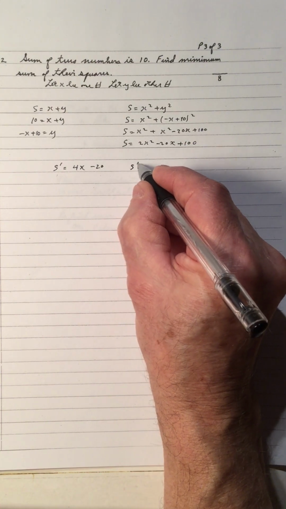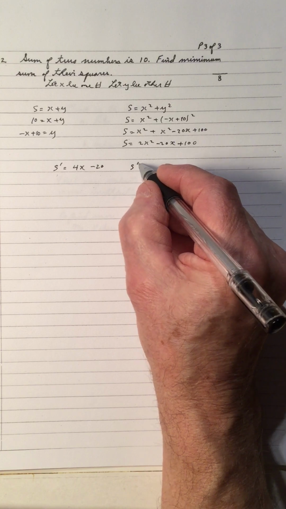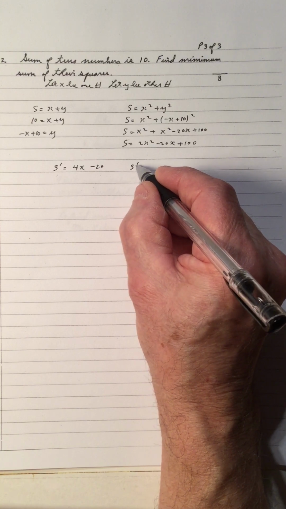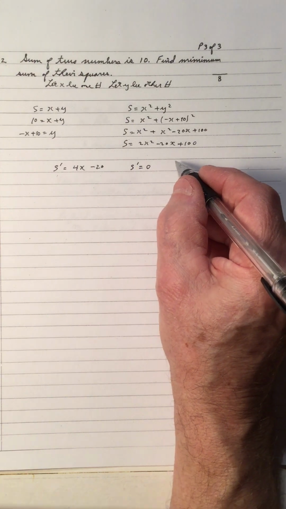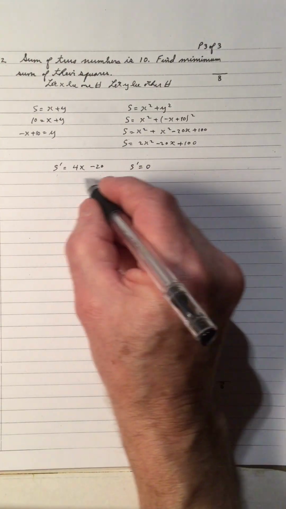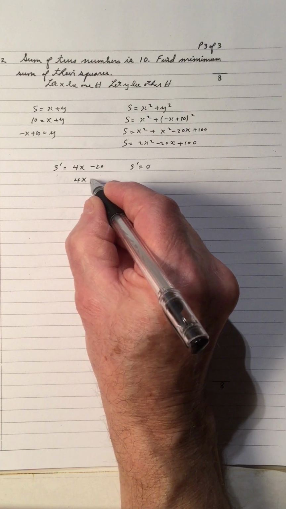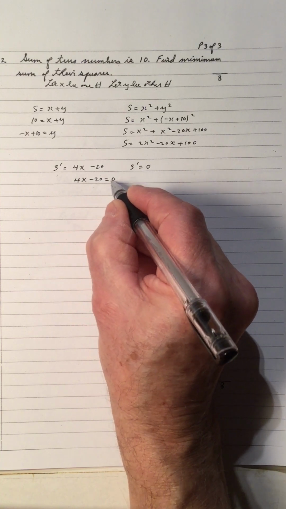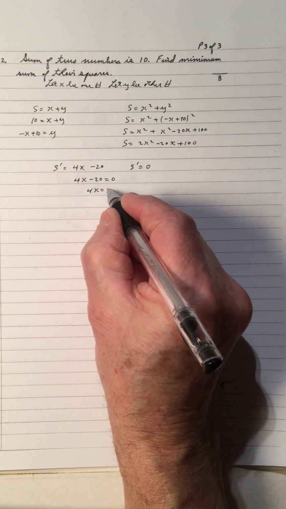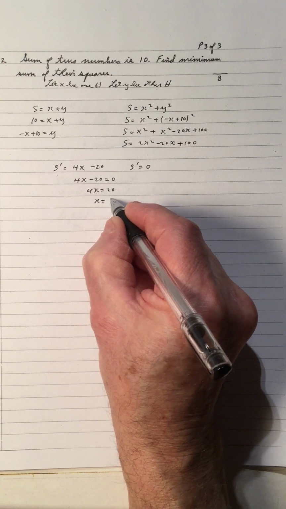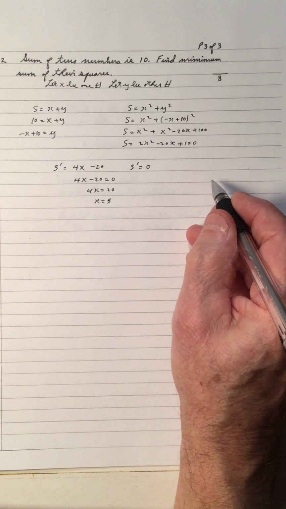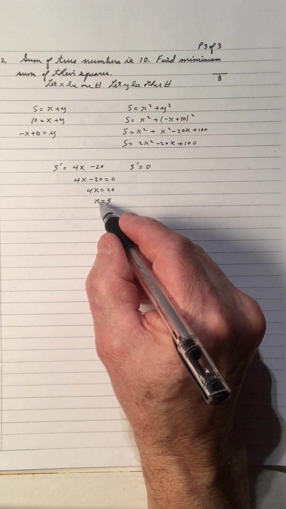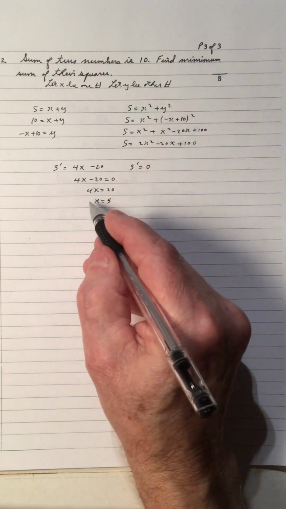So if we let the derivative S prime be equal to 0, that's where the slope of the tangent is 0, the horizontal line. So 4x minus 20 equals 0. 4x equals 20. x is equal to 5. That gives us the value of x that gives us the minimum sum of the squares.